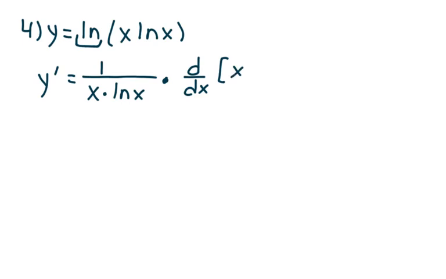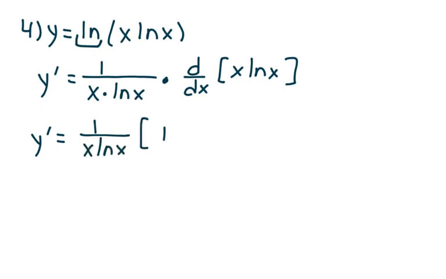So in other words, I'm going to take 1 over x ln x and multiply by the derivative of x ln x with respect to x. But remember, we just did that, right? So y prime is 1 over x natural log of x times 1 plus natural log of x. So remember, we did that by the product rule. And that's how we do example 4.